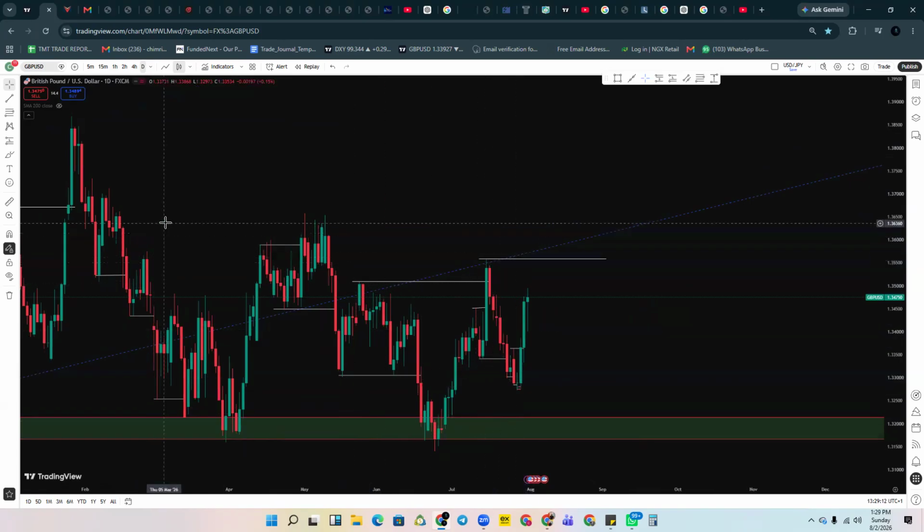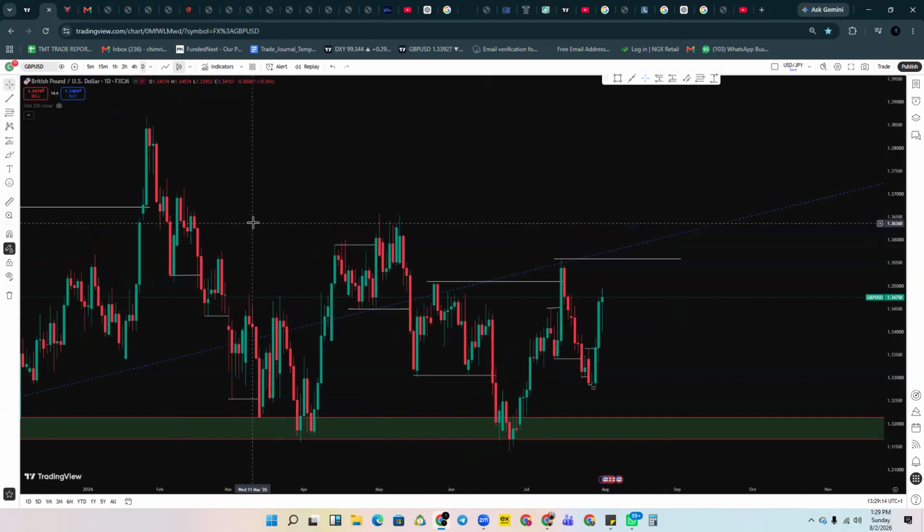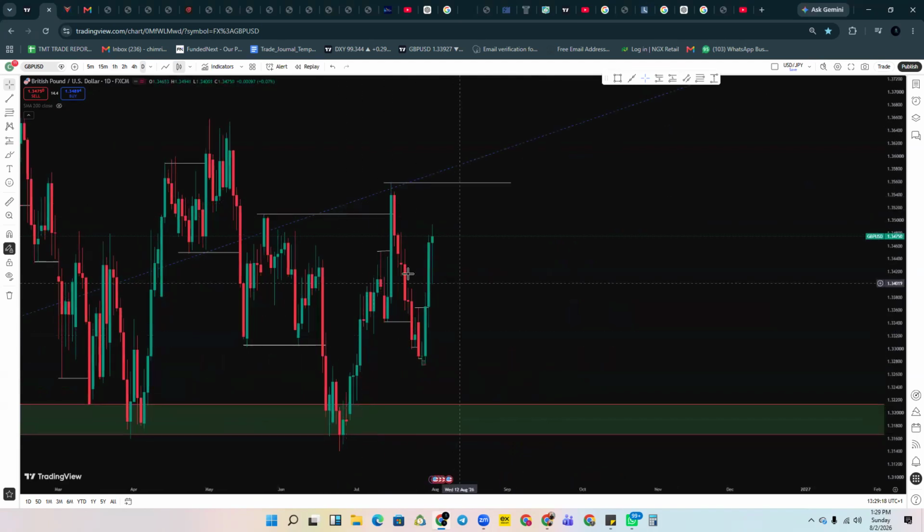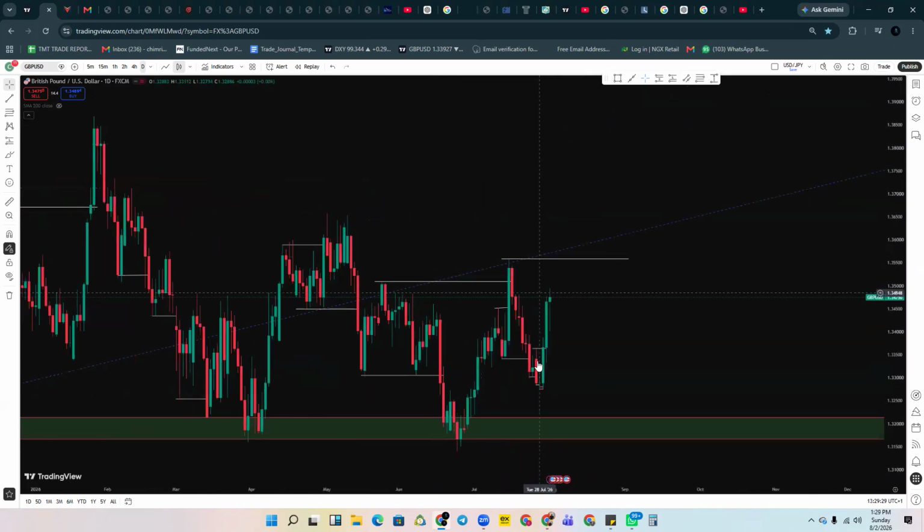So there are two possibilities. Either this is a new low, higher low for price to continue the bullish move, sorry. So either this is a new low, this is a higher low, or this is a low, and this is higher than this.